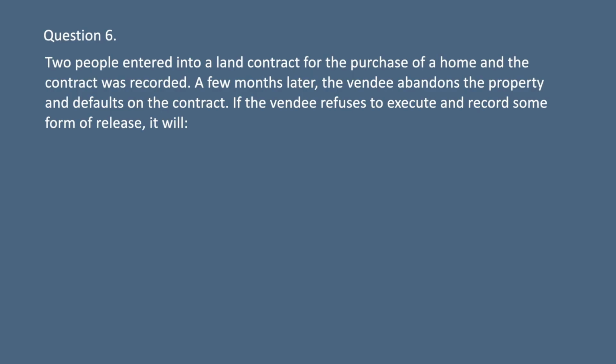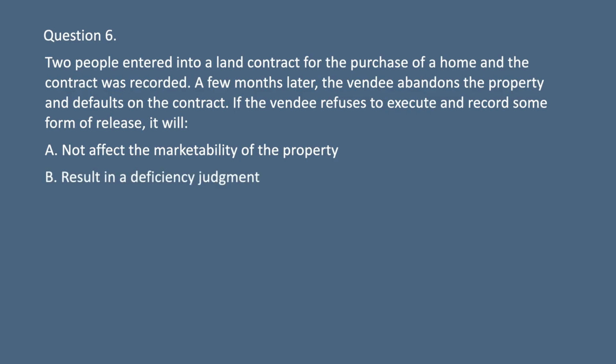Question 6. Two people entered into a land contract for the purchase of a home and the contract was recorded. A few months later, the vendee abandons the property and defaults on the contract. If the vendee refuses to execute and record some form of release, it will A. not affect the marketability of the property. B. result in a deficiency judgment.